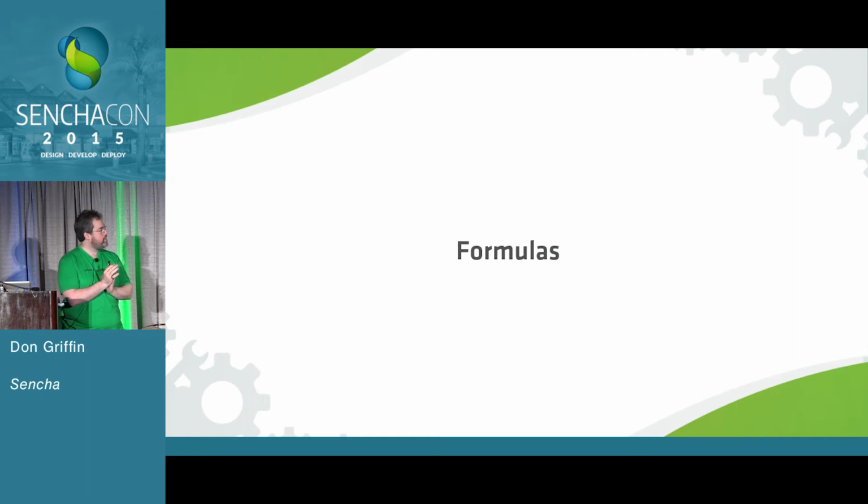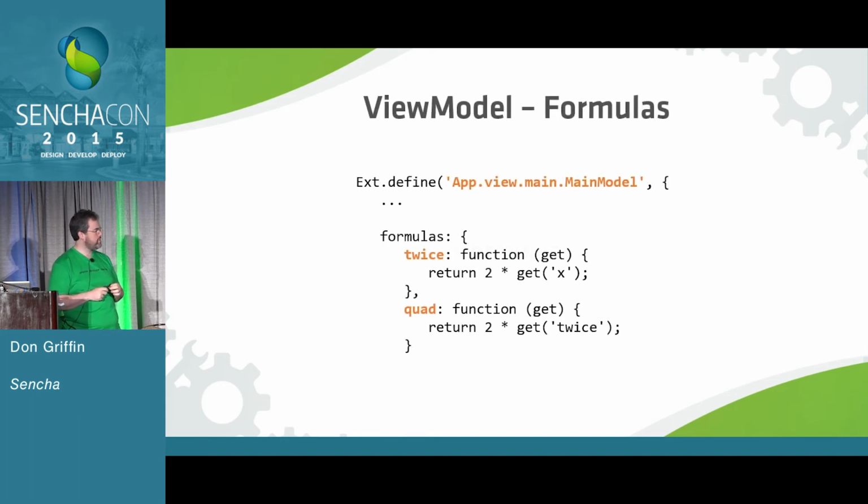Right, so formulas. If you've met object-defined property, it's essentially a way to take a name and not have to call methods to get its value or set its value, yet put methods underneath it so that the value can be determined from others. So the simplest form of a formula is like this. Basically, provide your get method to retrieve its value, and we'll give that function a get method, and that is how we know its dependencies.